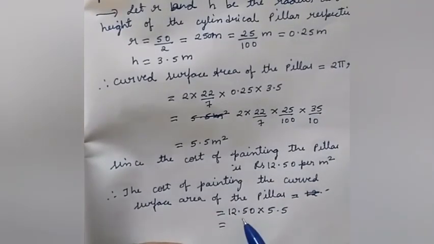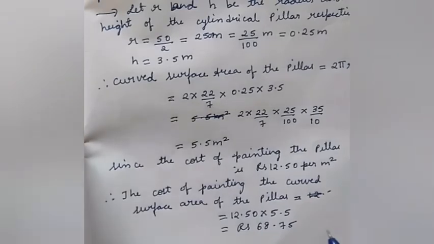So 12.50 into 5.5 is equal to rupees 68.75. So we obtain that the cost of painting the curved surface area of the pillar is rupees 68.75.